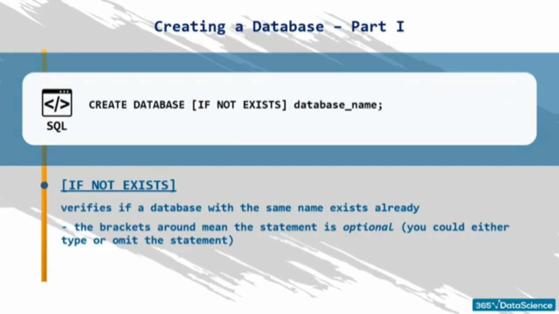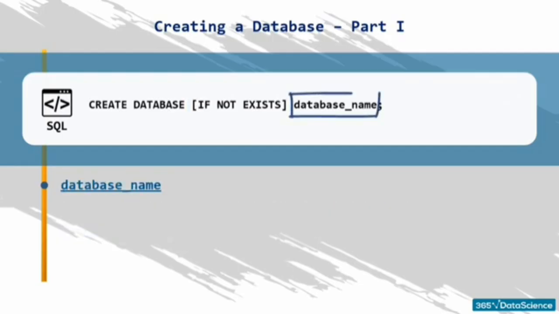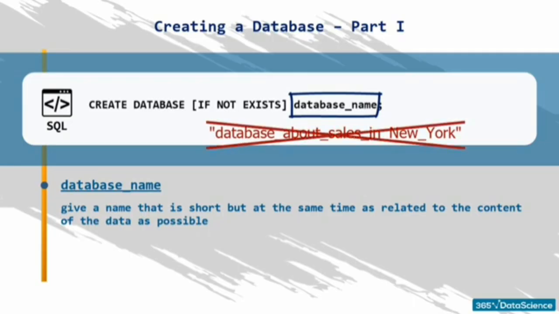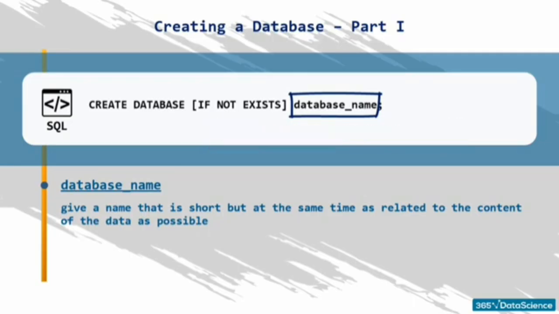Next, we will have to specify the name of the new database. We strongly suggest you give a name that is short, but at the same time, as related to the content of the data as possible. Try to avoid assigning names like database_01 or database_about_sales_in_new_york. In our case, the data we will work with is about the customer sales registered in a company.